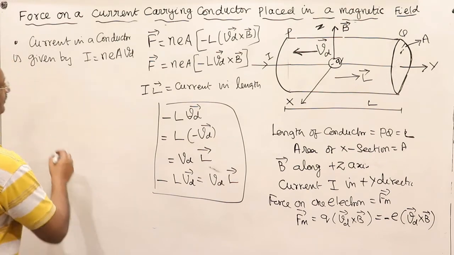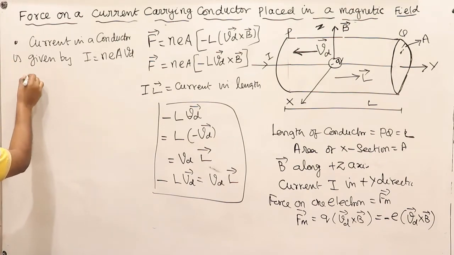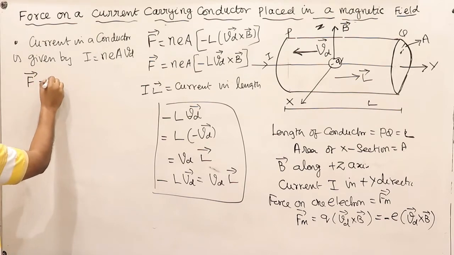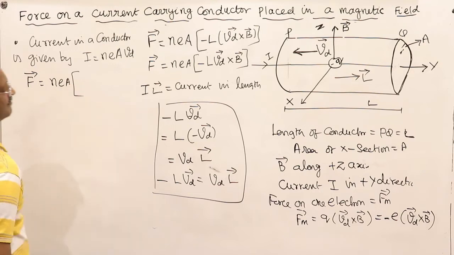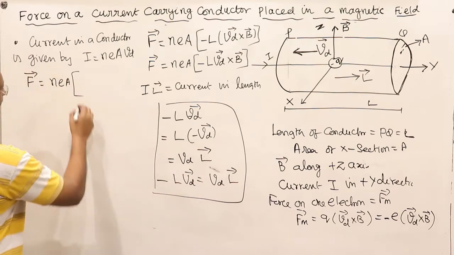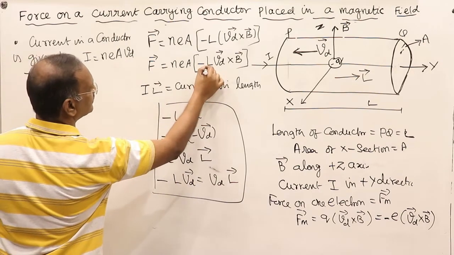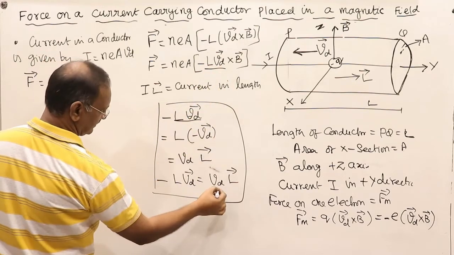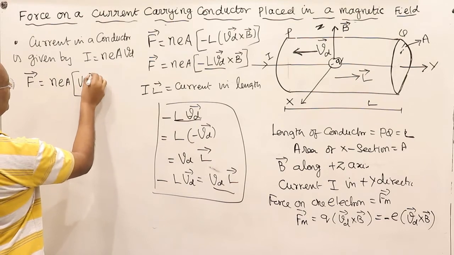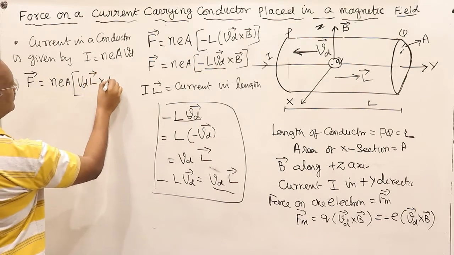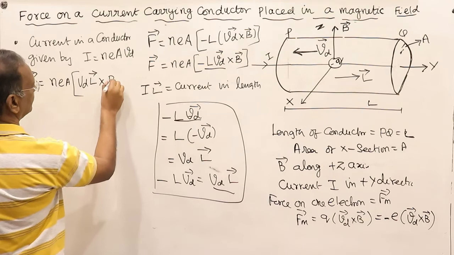Now, what is Fm? So, total force is equal to nEe, and we will write minus L vD in place of vD, in place of this portion. In place of this portion, we will write this portion: vD into L vector into B vector.